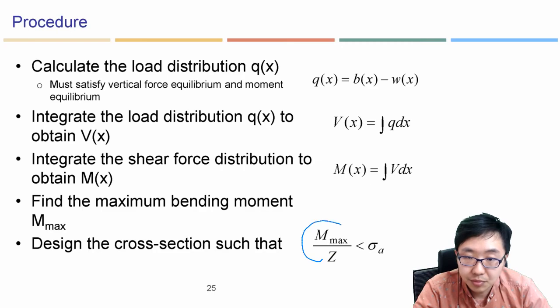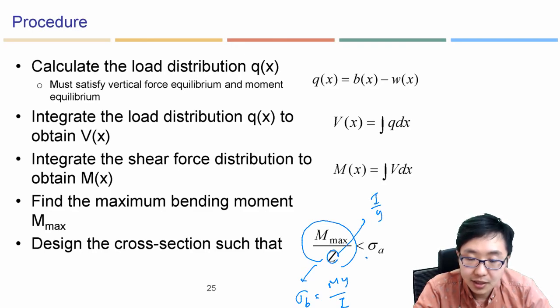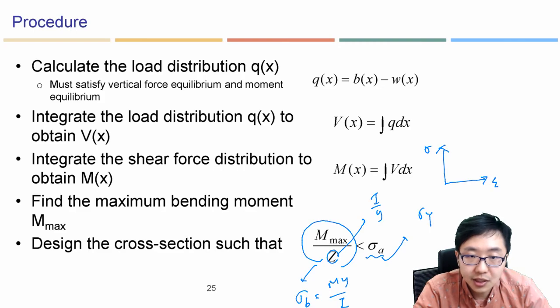Again, this part represents bending stress, M y over I. Z was the same as I over y, and this comes from the material yield. It's like stress and strain, and we conduct the tensile test, and in this part we can define the yield stress, right?